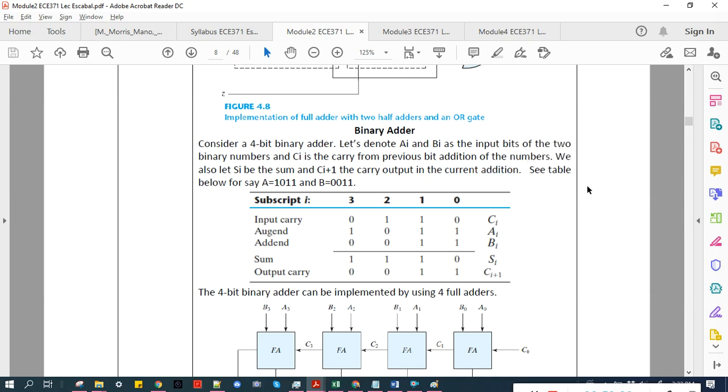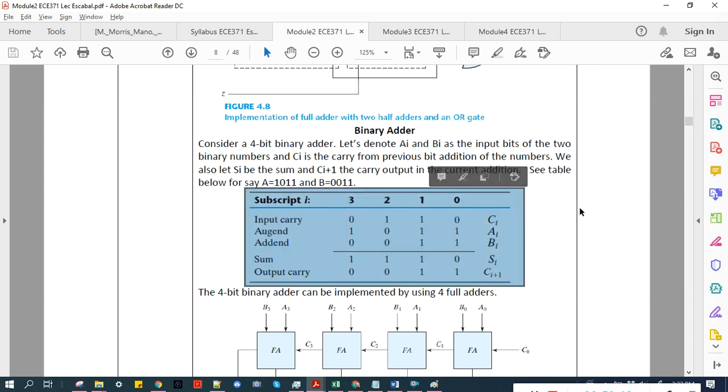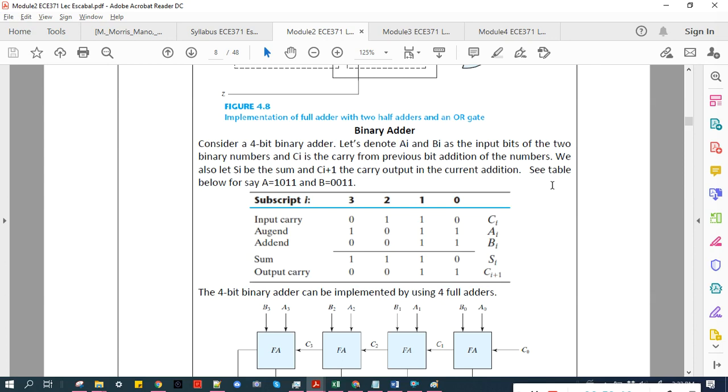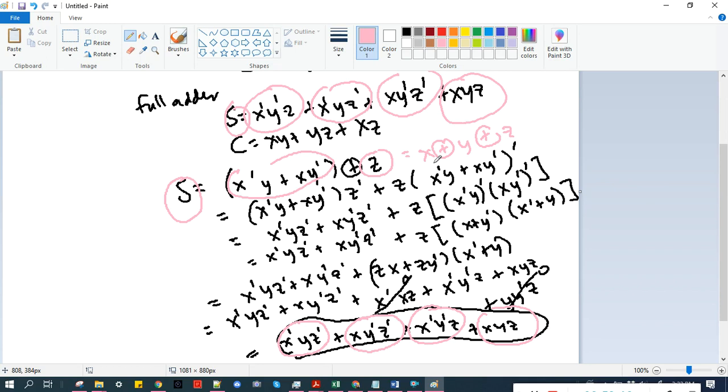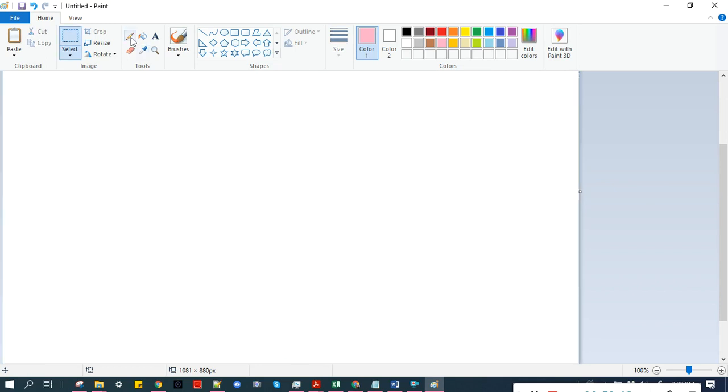So try to familiarize yourself with the notations. If you write down Ai, this is the bit.